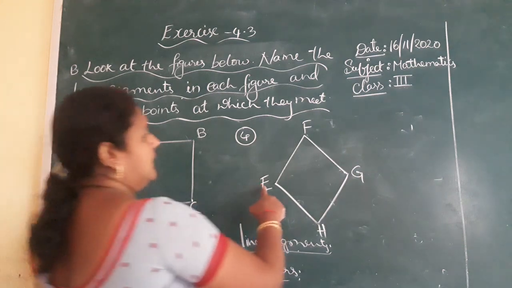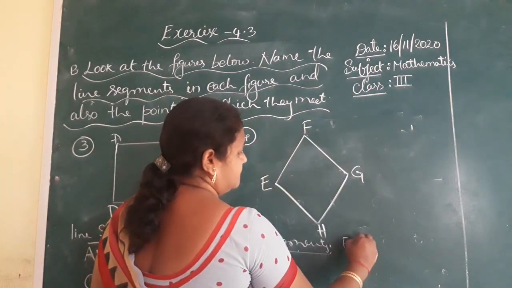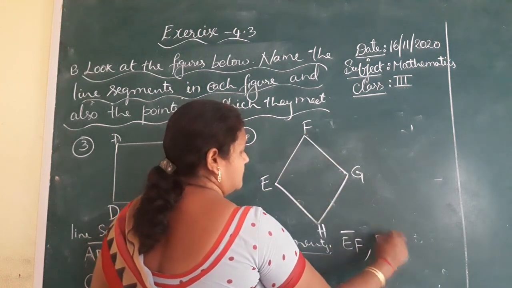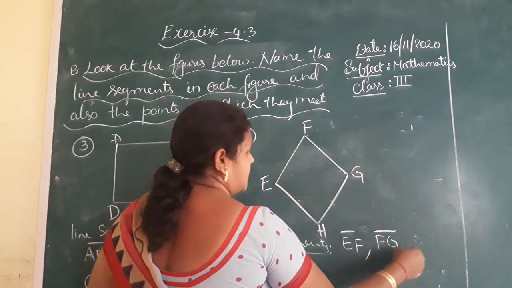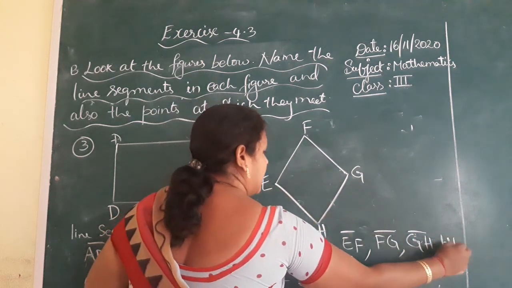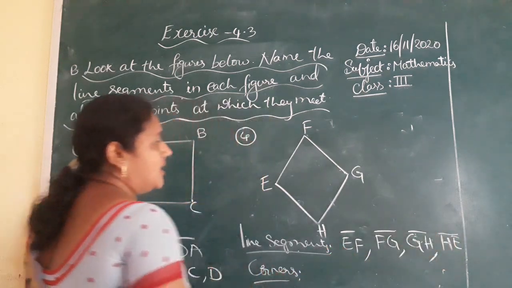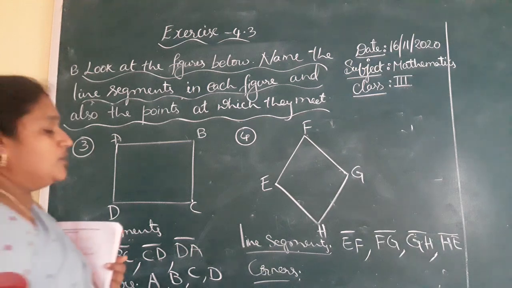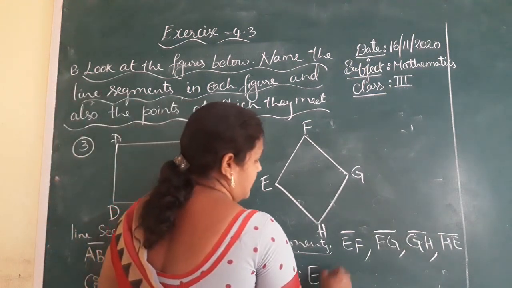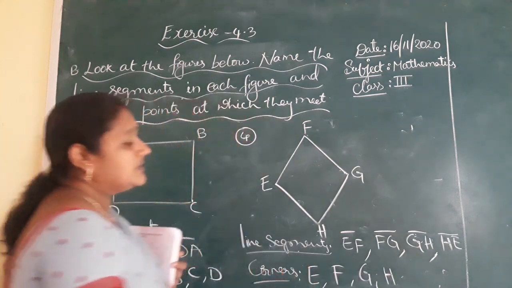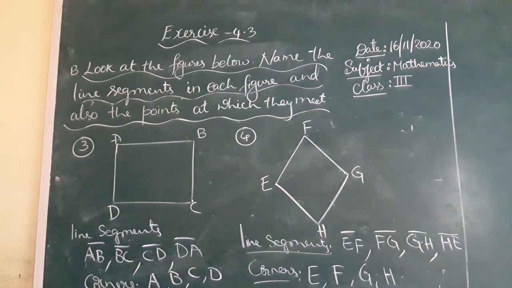EF, FG, GH, HE. These are the line segments. And how many corners are there? 4 corners are there. What are those? E, F, G, H. These are the 4 corners.